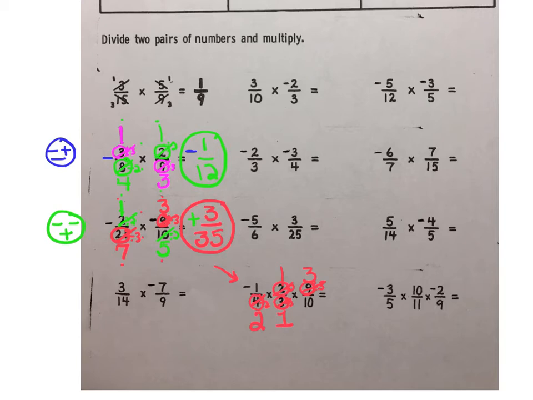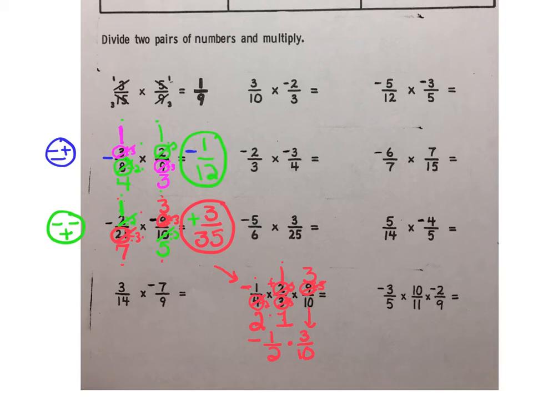Now, let's multiply. Let's take the first two fractions and multiply. A negative times a positive will give us a negative fraction. 1 times 1 is 1. 2 times 1 is 2. Now bring down this fraction, which is now 3/10, a positive 3/10.